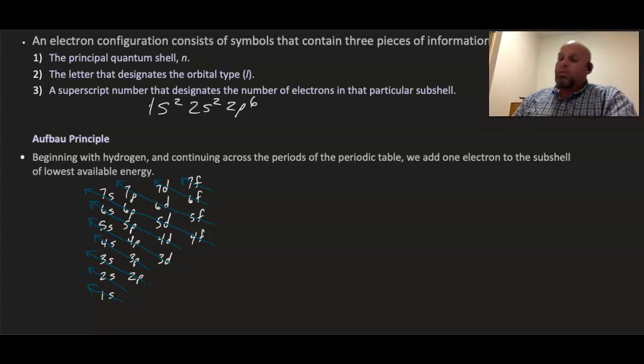Okay, so that is the order in which they fill, and you'll see that right around here is where it gets a little different from what we may expect. If we just read left to right and up, actually what happens here is after we fill the 3p, we fill the 4s, and then we come back and fill the 3d.